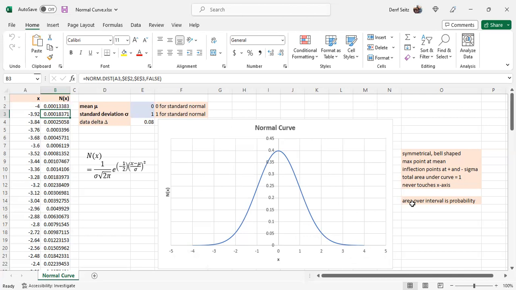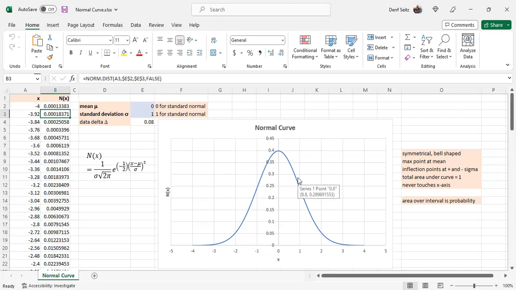Also, the most important feature of all about this curve is that the area over any interval underneath the curve is equal to the probability of an outcome from an experiment that is distributed according to this distribution occurring within that interval.